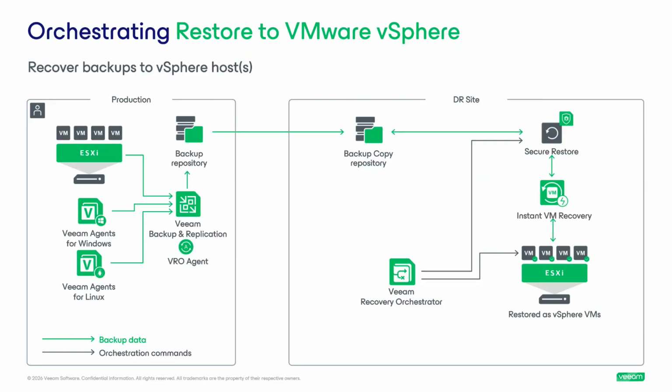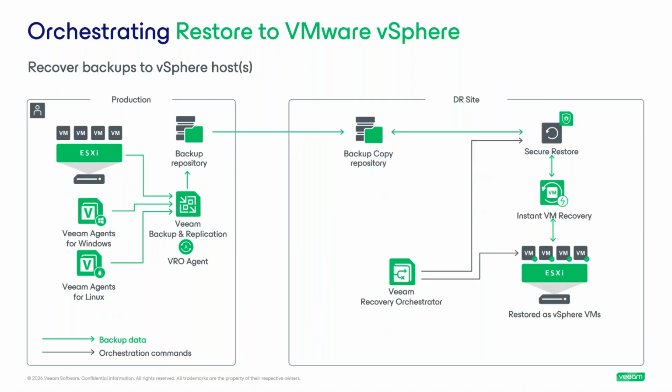And this is just showing that orchestration, showing all of the components that are in the mix for making that work. We've got a backup copy of that data at DR. And Veeam Recovery Orchestrator is simply saying, hey, I know where that data is based on having connectivity to Veeam Backup and Replication.